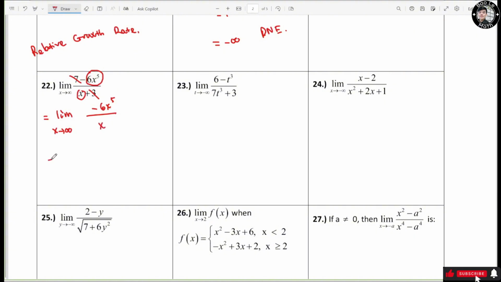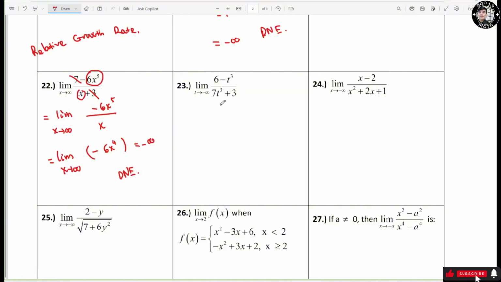So it's going to be limit when s approaches infinity of negative 6s to the 4th, right? And it's going to be negative infinity, right? This one does not exist.